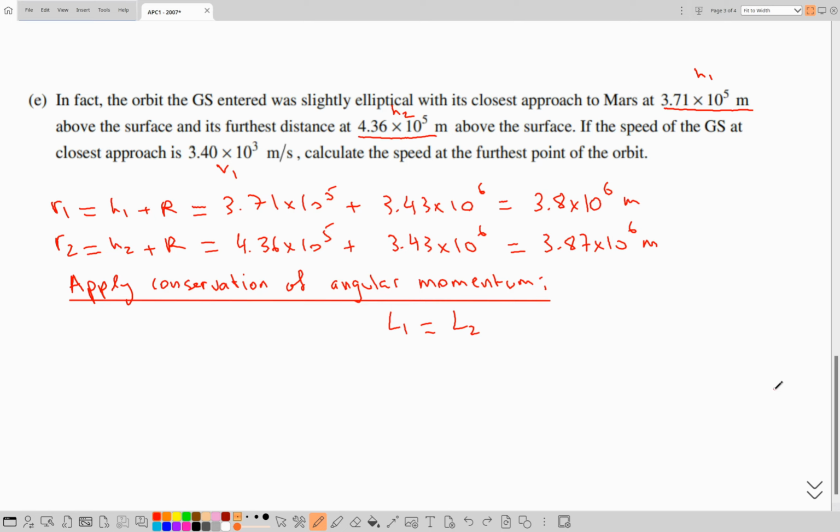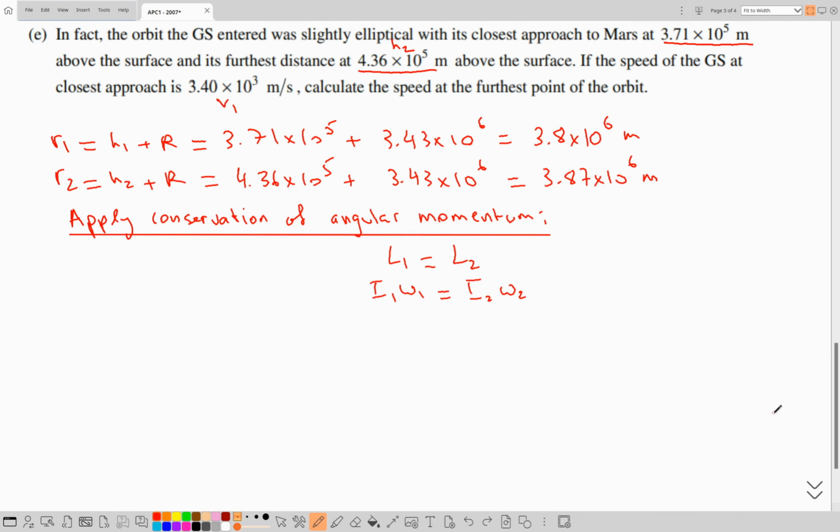So the net torque is 0, which means the angular momentum is conserved, which means I1 omega 1 is equal to I2 omega 2. Now GS is considered as a particle, and its angular momentum is given by m r1 squared, omega 1 is given by v1 divided by r1, and the angular momentum for the second point, the difference would just be in r and v. Then that would be m r2 squared multiplied by v2 divided by r2. Now here they would cancel, the same for the mass, which means that r1 v1 is equal to r2 v2.